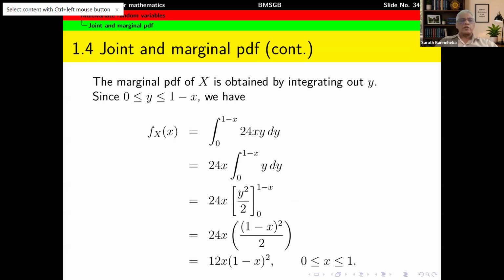So the question is how to find out the marginal probability density function of x, right? So generally it says f of x equals the integration from negative infinity to positive infinity of the joint density with respect to y.